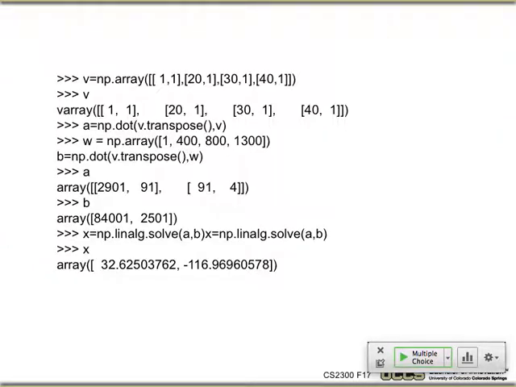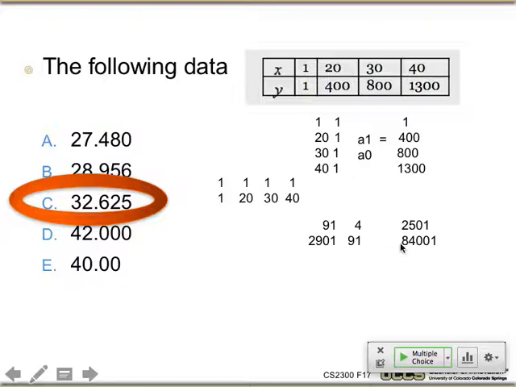Okay. So just in case you wanted to do this in Python, this is related to your programming assignment because you have to do stuff with solve. This is a linear model. We'll actually do quadratic in just a second. If I was to do this in Python, the triple arrow here is the Python prompt. I just type some of this in. I define the matrix V. Then I define A as np.dot of V transpose and V, so that gives me the product here.